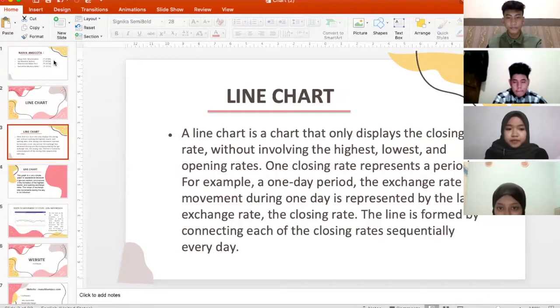One closing rate represents a period. For example, for a 1 day period, the exchange rate movement during 1 day is represented by the last exchange rate, the closing rate.